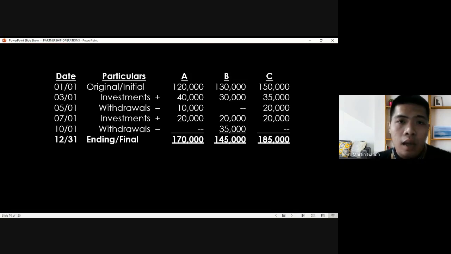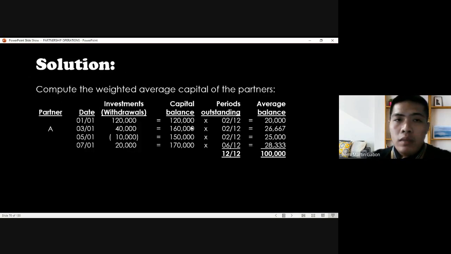Let's assume the movements; for weighted average, we're going to consider these movements already. So just follow me. The weighted average capital balance for A: for January 1, the original capital investment, the assumption is the same, 100% capital balance of 120,000.